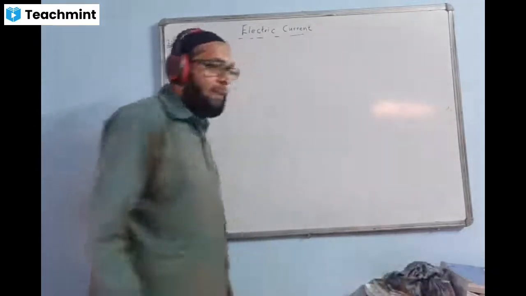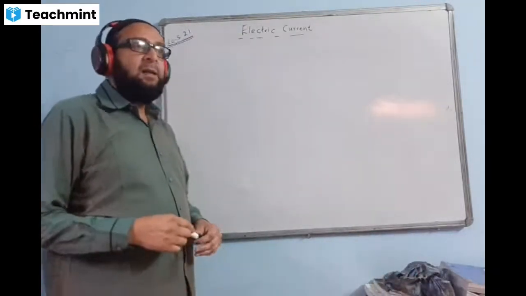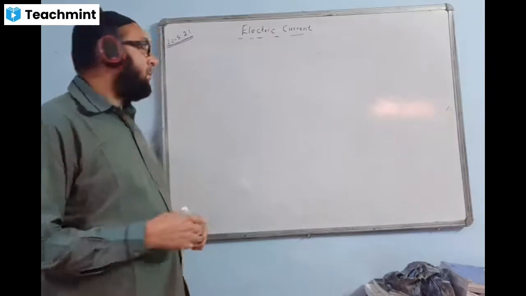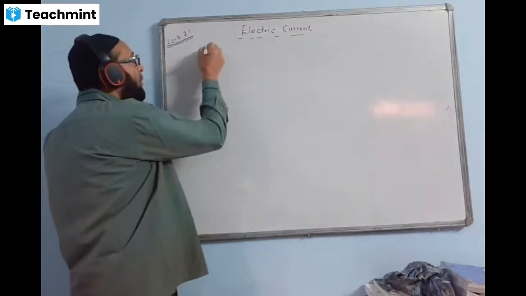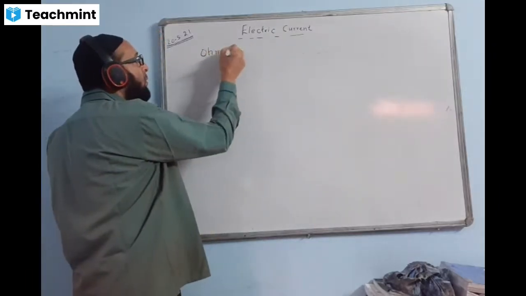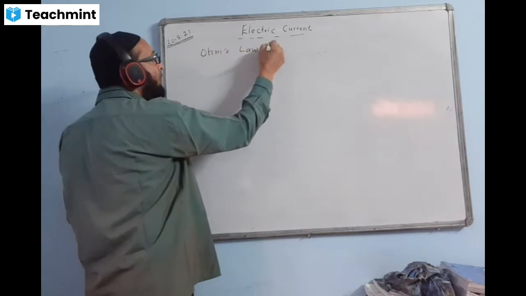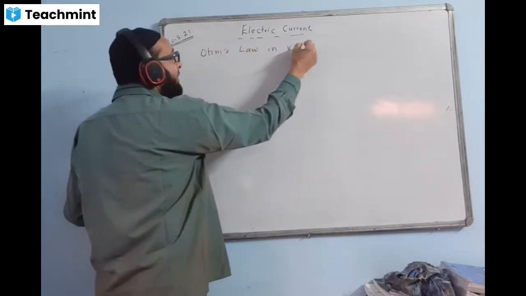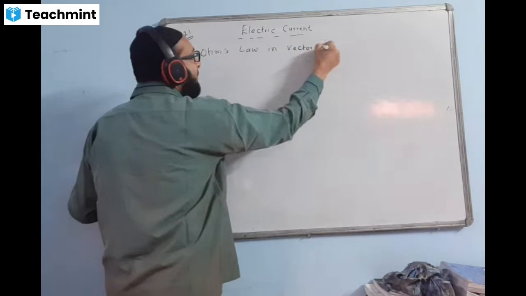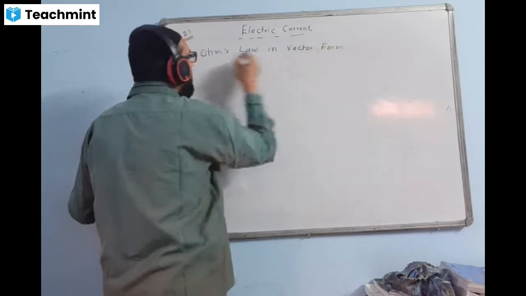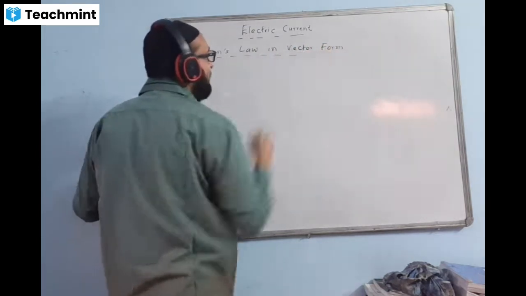Okay, now give the next heading. I think this is something new and it is important. Write down Ohm's law in vector form, derivation of Ohm's law in vector form.